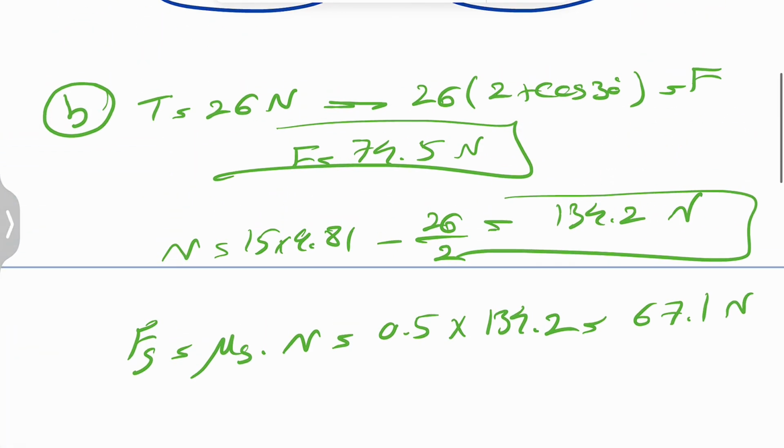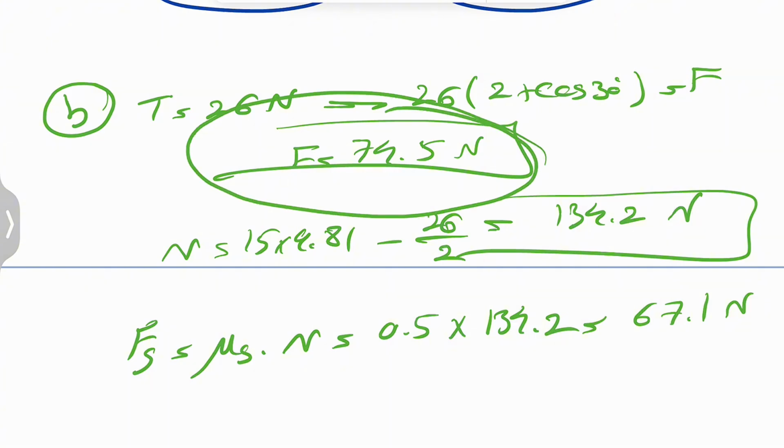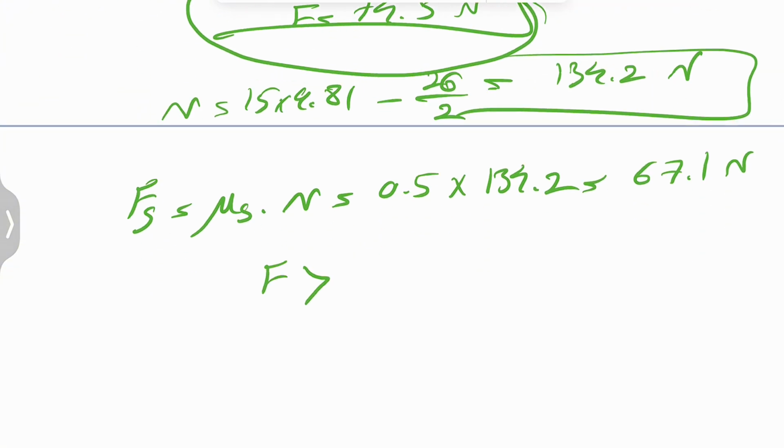newtons. And now we can see that our friction is more than the maximum static friction, and that shows the block is actually moving to the right.